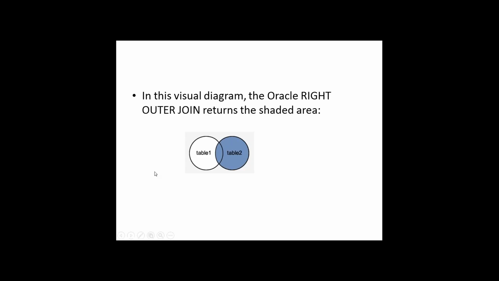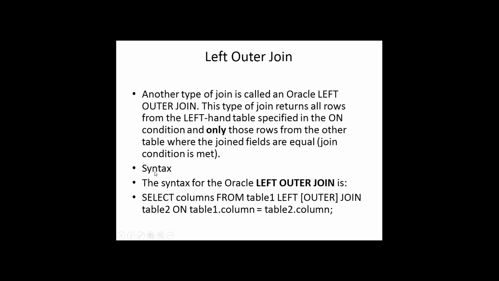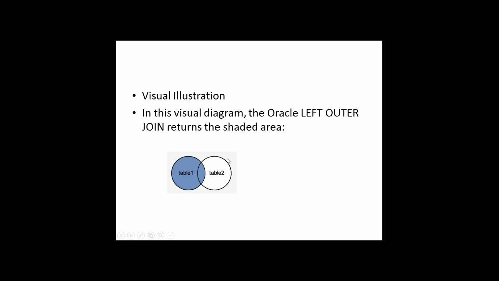The second thing is the left outer join. Left outer join functionality is the same, but you return all the records from the left hand side table and only matching records from the right hand side table. So if you're going for a left outer join, I retrieve all the records from the left hand side of the table, only matching records from the right hand side.